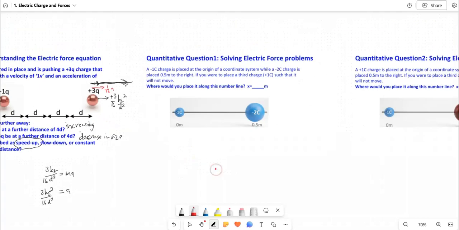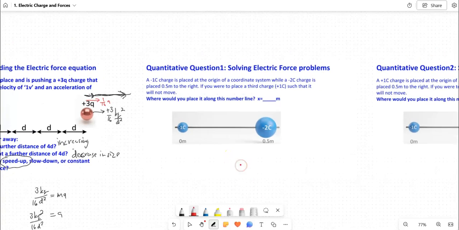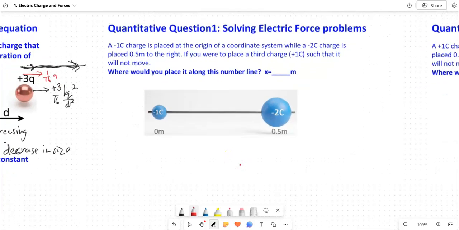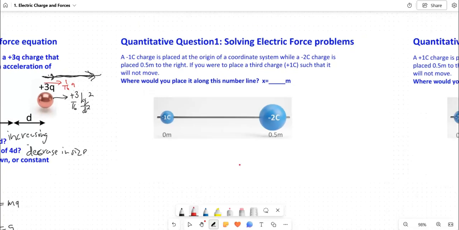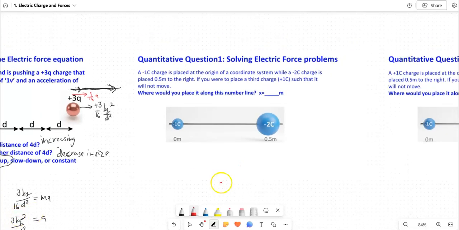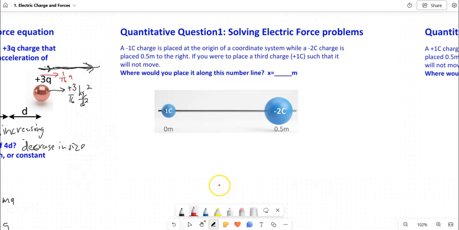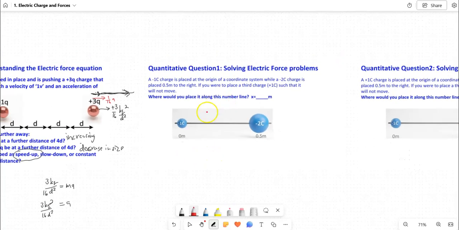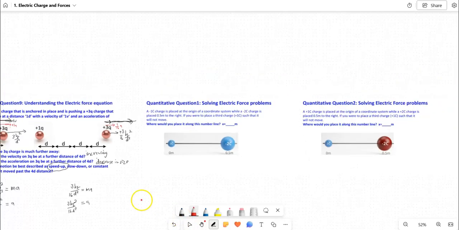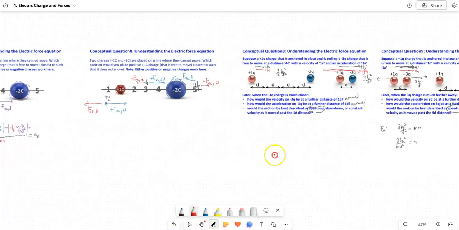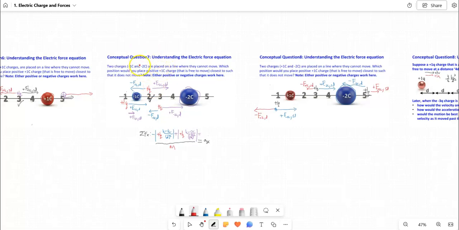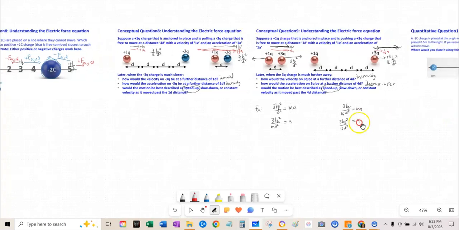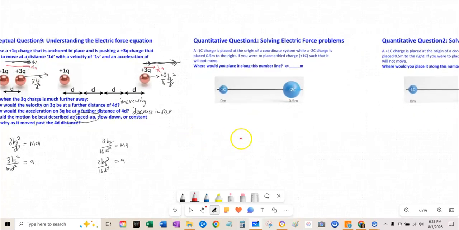Okay, let's do one of the quantitative problems right here. And let's practice doing force diagrams. So, this quantitative question number 1 is the same question as this conceptual question number 7.